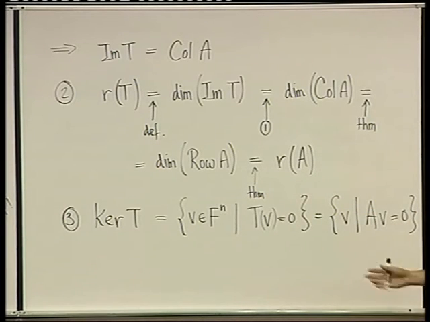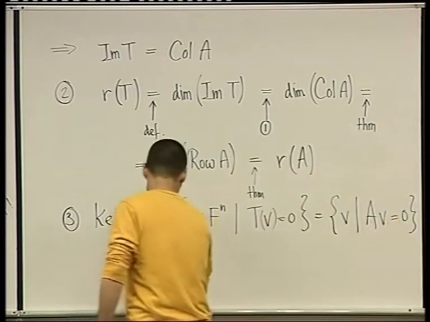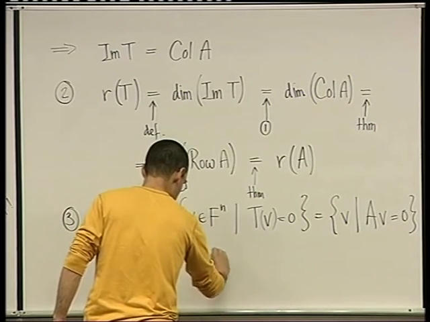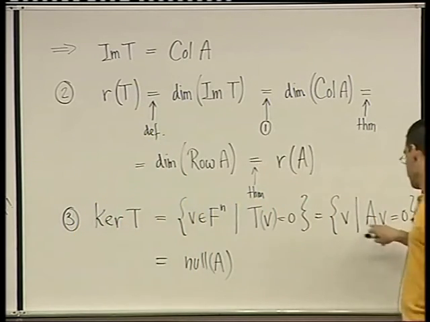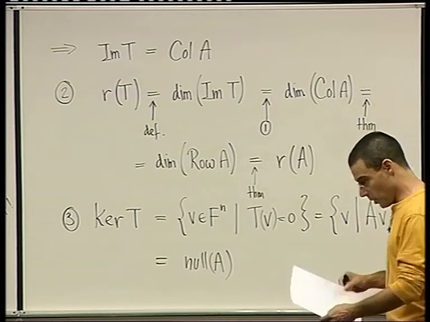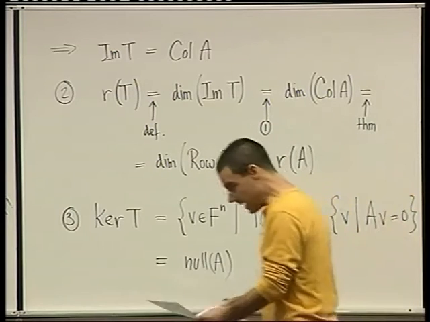That's the transformation we're considering. And this is precisely, by definition, the null space of A: all the V's that solve this homogeneous system of equations where A is the coefficient matrix. Good? Everybody?